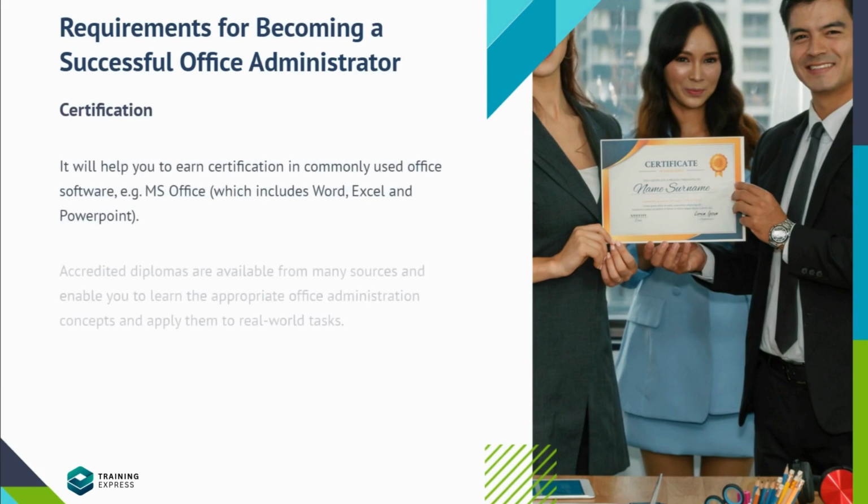It will help you to earn certification in commonly used office software, for example MS Office, which includes Word, Excel, and PowerPoint. Accredited diplomas are available from many sources and enable you to learn the appropriate office administration concepts and apply them to real-world tasks.